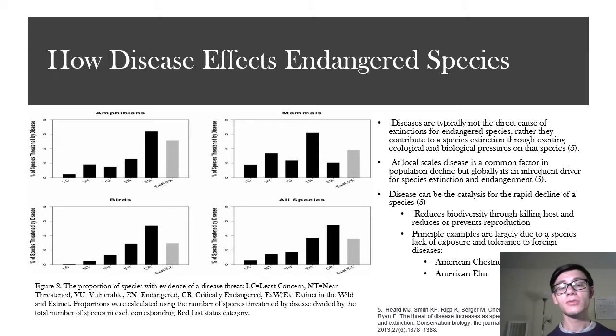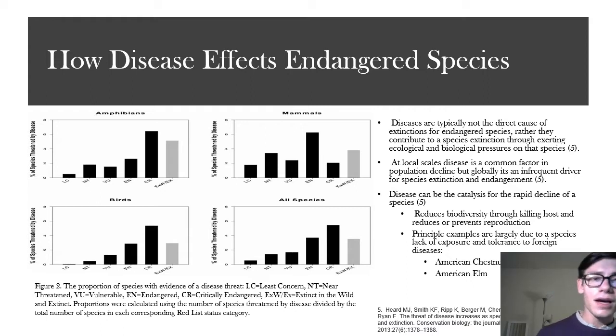It has a lot to do with how disease affects populations on a local and global level. At a local level, disease is a main driver of the direct decline of a population. However, at a global level, it's not. It's a very infrequent driver of extinction.